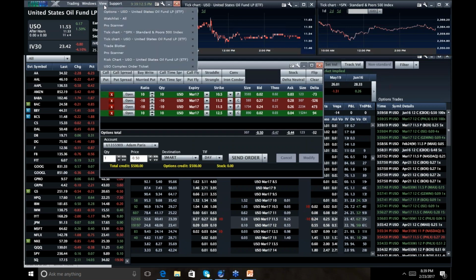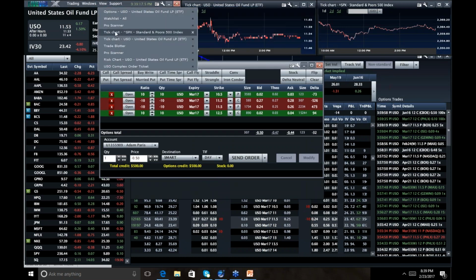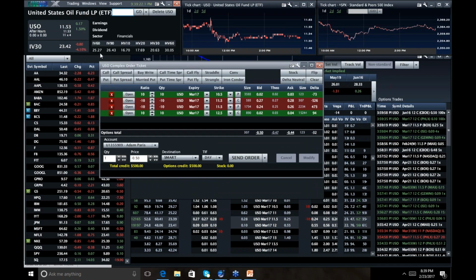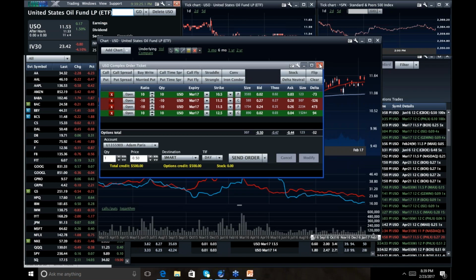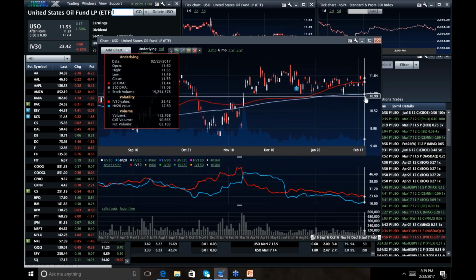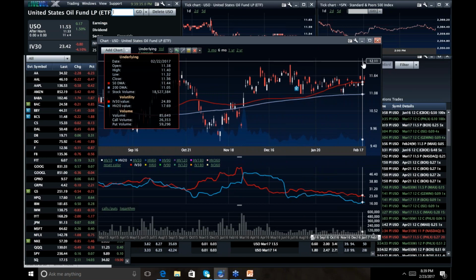And then if I look at my daily chart, when was the last time it was below 11? Last year. When was the last time it was above 12?